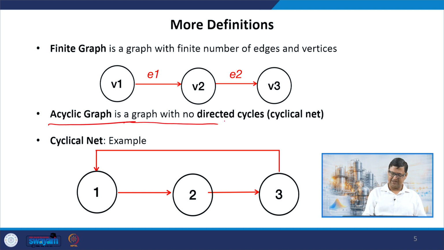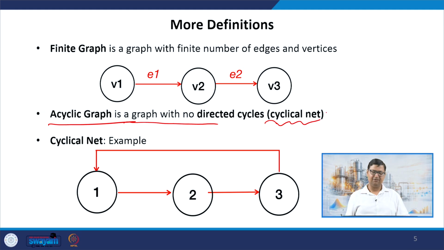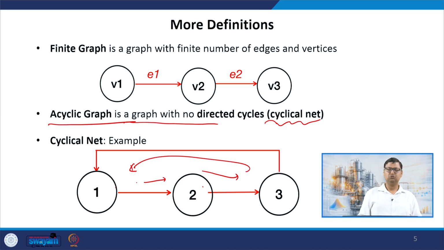An acyclic graph is a graph with no directed cycles. Whenever we have a directed cycle, we have something known as a cyclical net, the other name for directed cycles. What does it mean? In this case, for example, 1, 2, 3, and then we go back to 1. Let us say I am thinking about a flow of something. It can go from 1 to 2, then 2 to 3, then 3 back to 1.